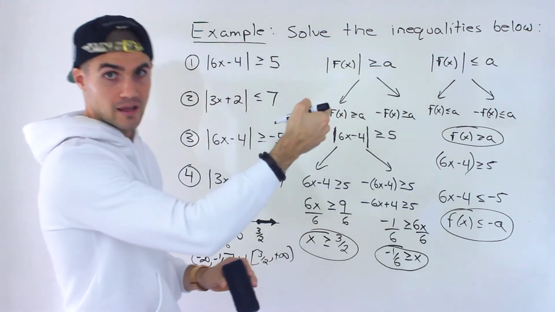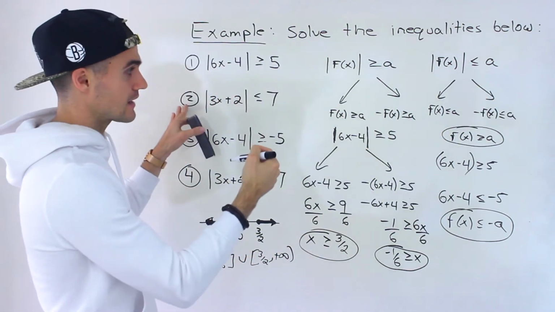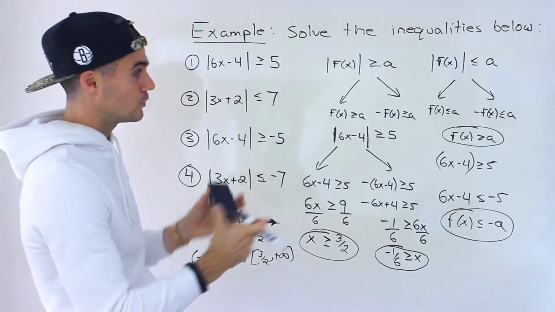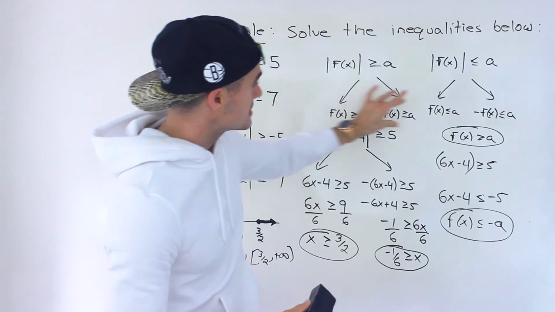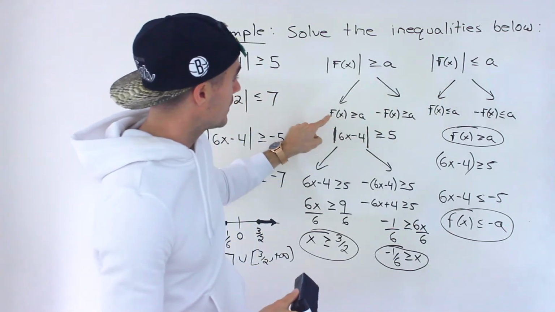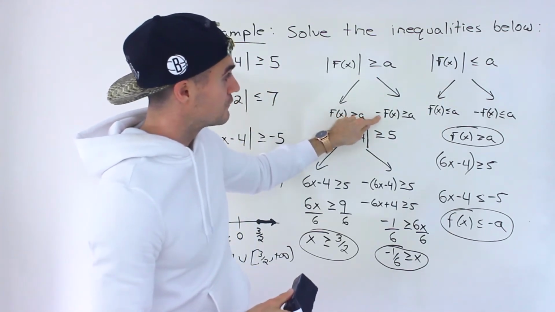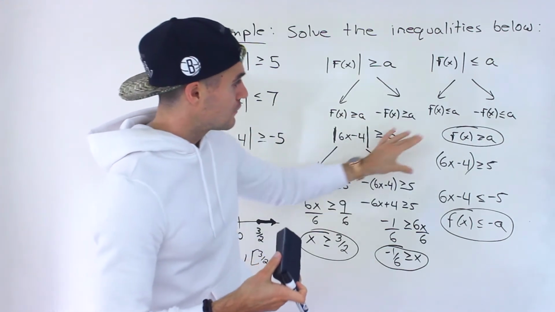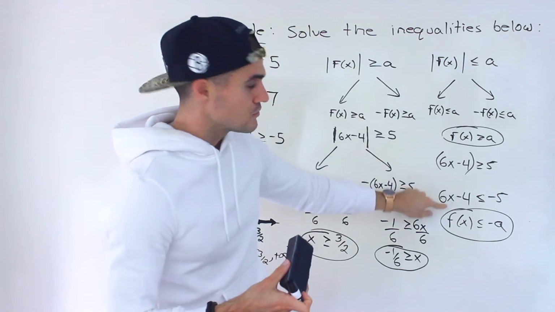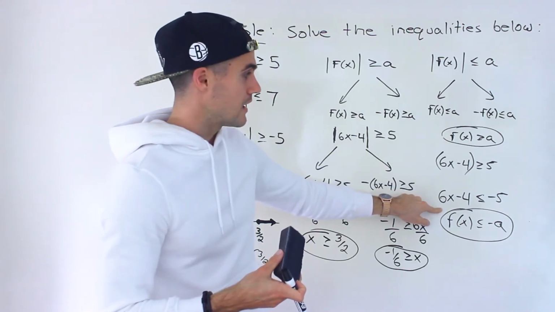I'm going to go over that case as well in the second question, and that's another reason why I don't like doing it this way, is because notice how it's just so consistent between both cases. All we have to worry about is the f of x and the negative f of x, so we don't have to memorize as many things, versus if we're splitting it up into these two cases like that.